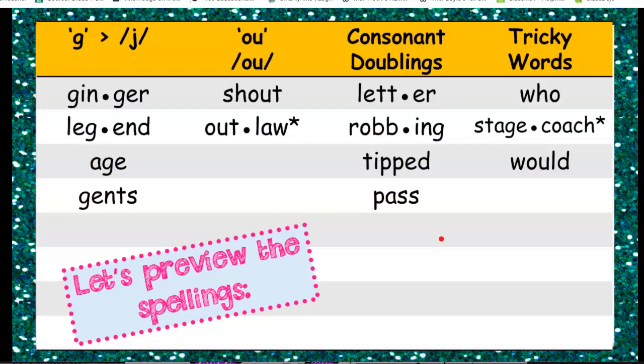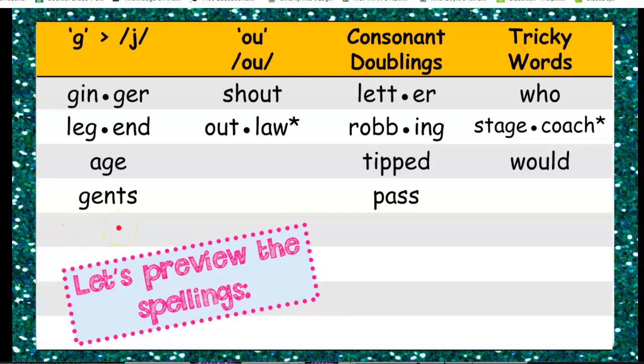Before we read, let's look at a few of the spellings that we are going to find in today's story. We're going to find words spelled with the letter G with the J sound, like in the word ginger, legend, age, and gents.